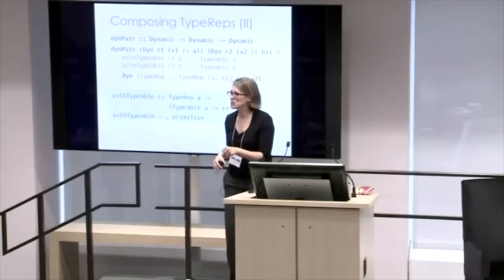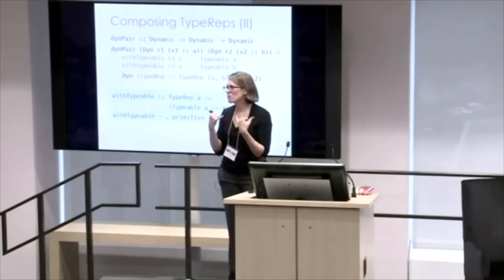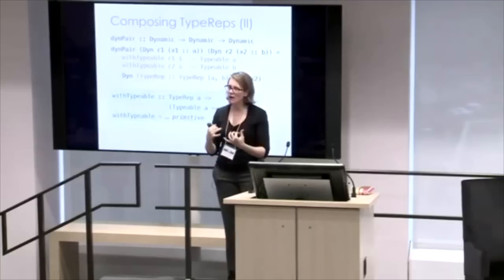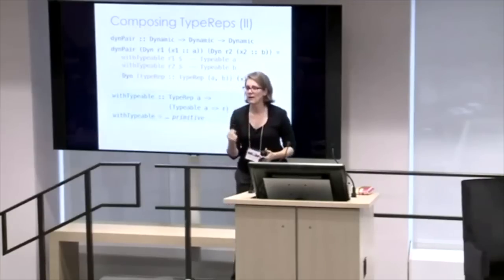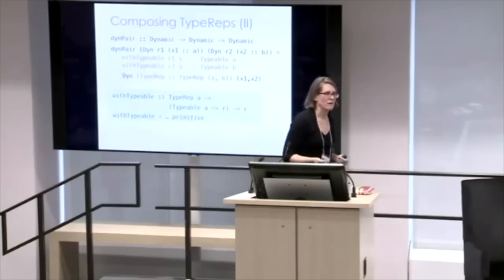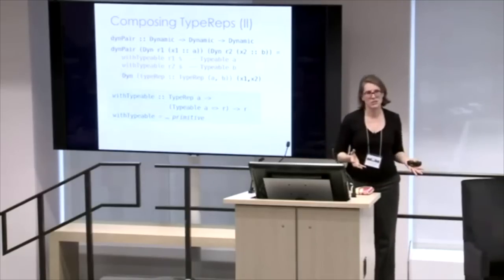Well, this is a special case. We know that for this class, there's only one possible dictionary. There's only one possible way you could have gotten a TypeRep, because it's all built in to Haskell. GHC must generate these instances.